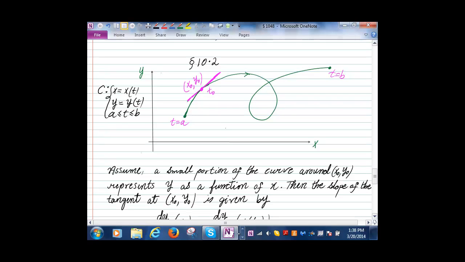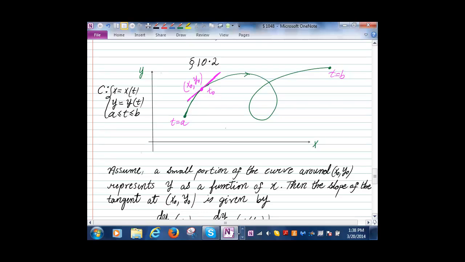So if this point here is x0, y0, and let's say this point is traced at time t0, and I want to know the direction of velocity at this point, the velocity would be tangent to the path. And so one quantity that people would be interested in is the slope of the tangent. So that's what we want to discuss today. What would be the slope of the tangent at that point?